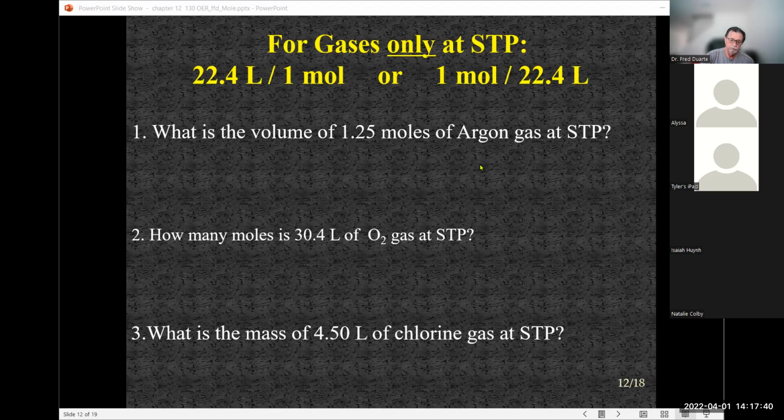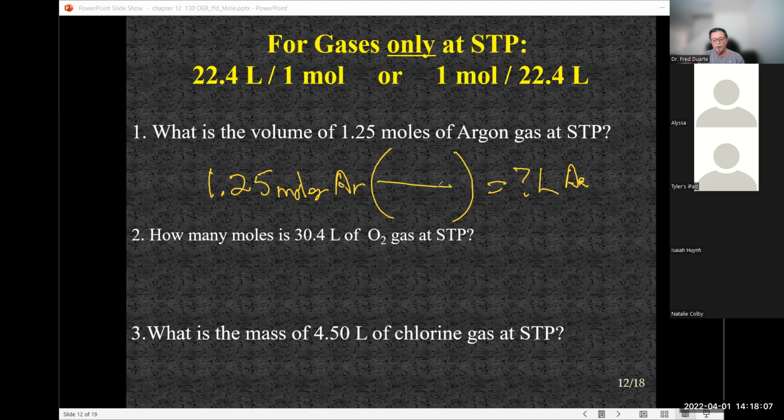Like any other of the questions we've been attacking, we write down what we know, 1.25 moles of argon gas, and we are looking for the volume, which will be liters of argon gas, at STP.